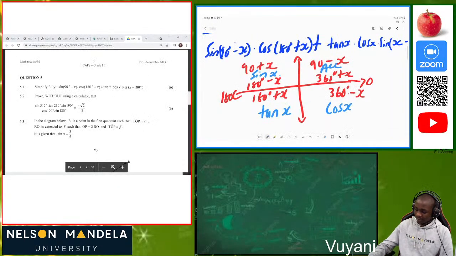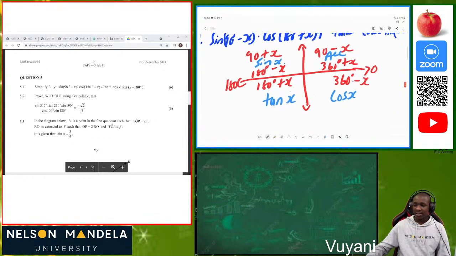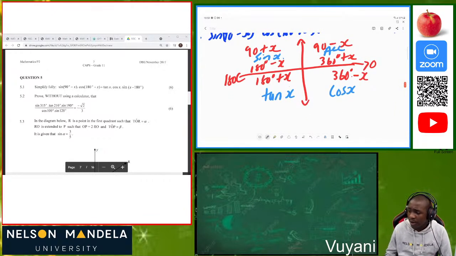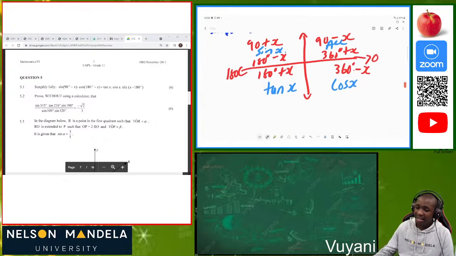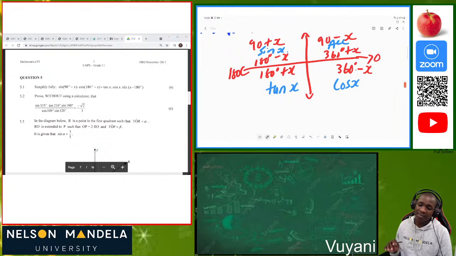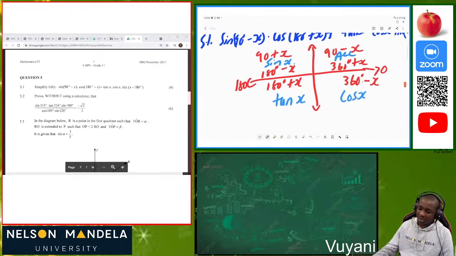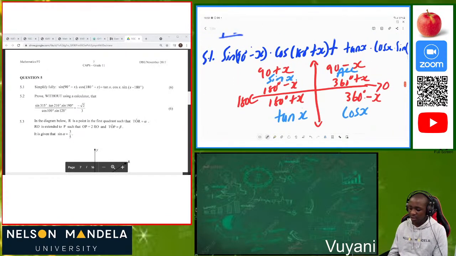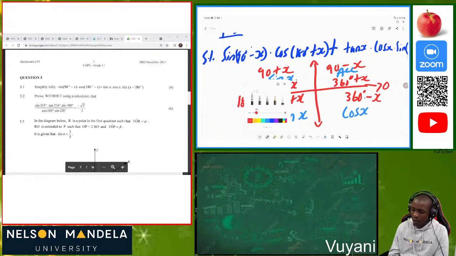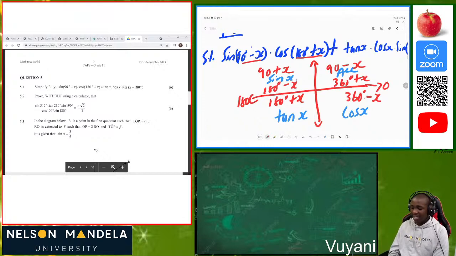Now, let's start with sine 90 degrees minus x. Earlier on, we spoke about co-ratios, and we said that sine 90 minus or plus and cos 90 minus or plus interchange when we are given that ratio. So in this case, we're given sine 90 degrees minus x. The first thing we look at when solving this question is what is inside the brackets. So we have 90 degrees minus x.